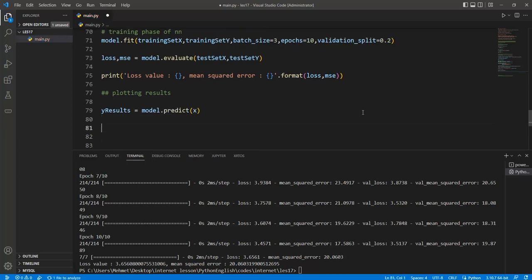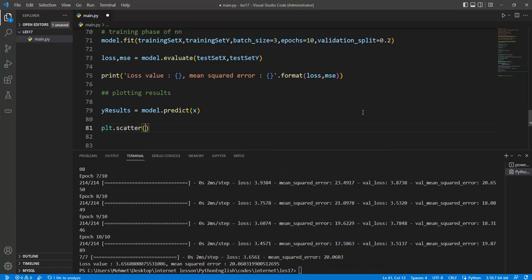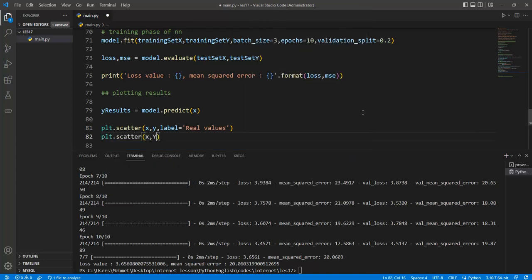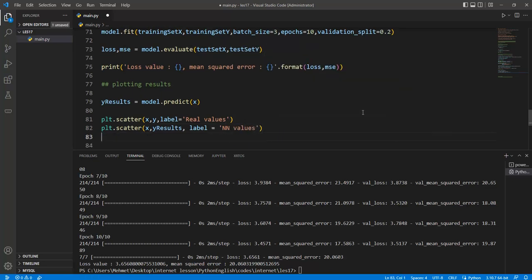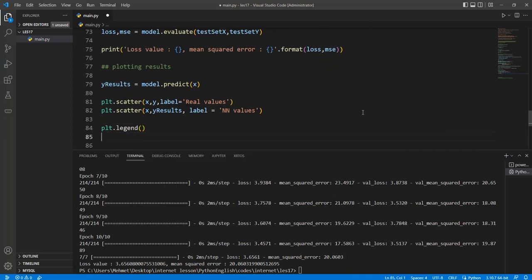Okay, and so plot scatter with x, y, and label equal to real values, and so plot scatter x and y results coming from the neural network in this case. Okay, and this is the NN values or NN results, and plt legend should be called here, and plot show should be utilized at this moment.